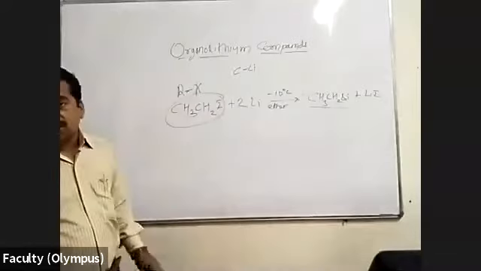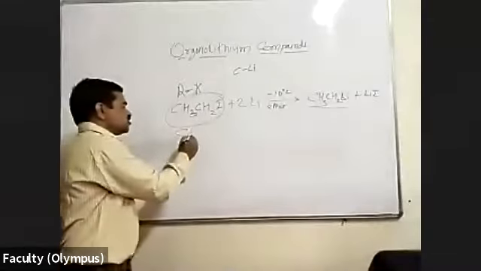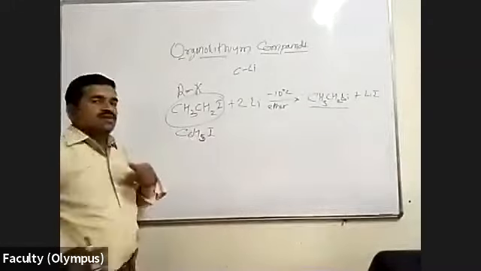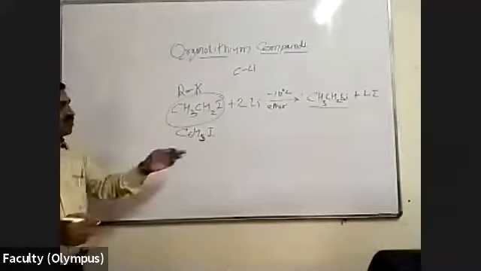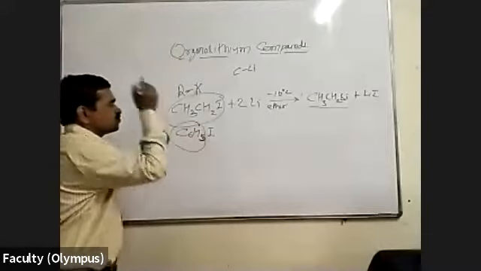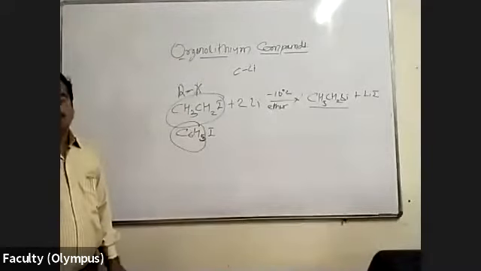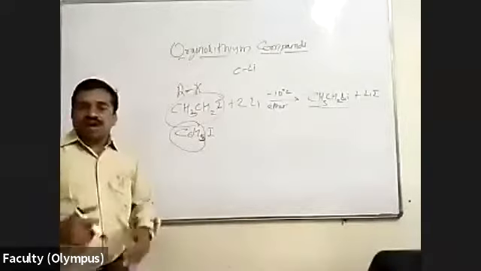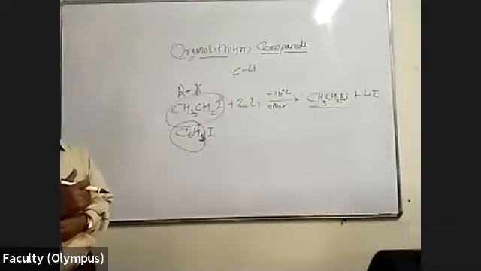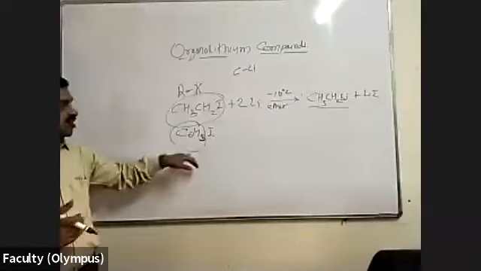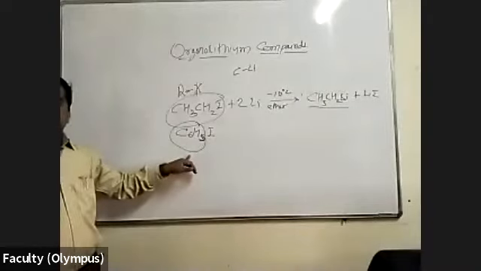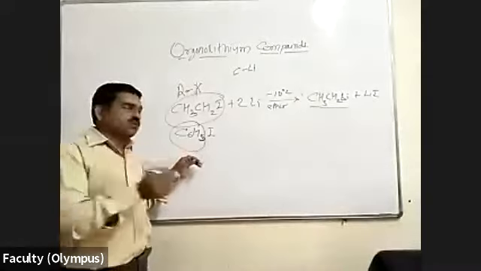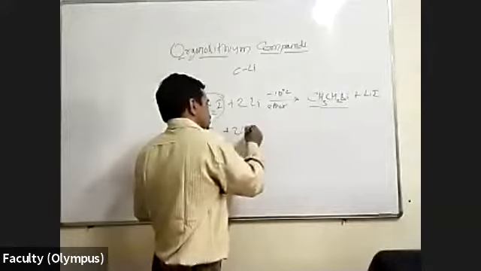Now, aryl halides, for example, C6H5I, phenyl iodide. This is the aryl group, phenyl group C6H5. Such aryl halides are resistant to the Wurtz reaction. So these can be carried out at higher temperature in ether plus 2 Li.